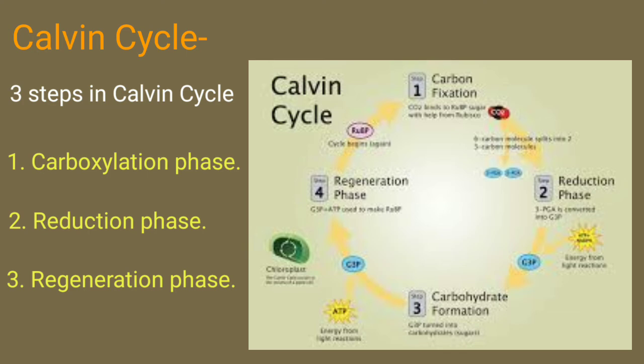And as this is the reverse of glycolysis, this second step, the reduction phase, is also called reverse glycolysis. So from this 3-phosphoglyceric acid, which forms the dihydroxyacetone, it takes the glycolytic pathway where it forms first fructose 1,6-diphosphate, then fructose 6-phosphate, then glucose 6-phosphate, and from glucose 6-phosphate to glucose.